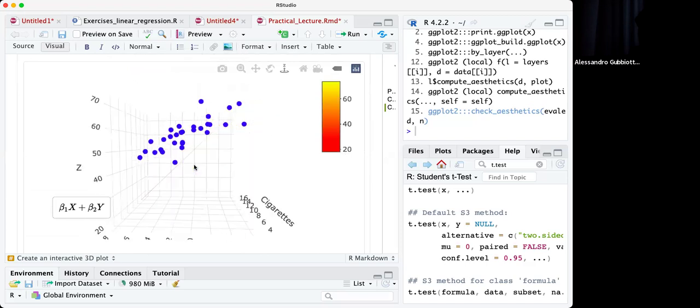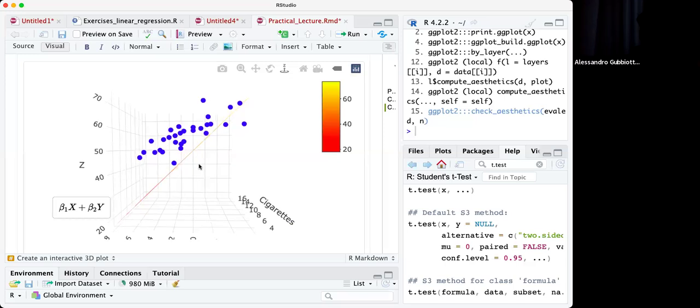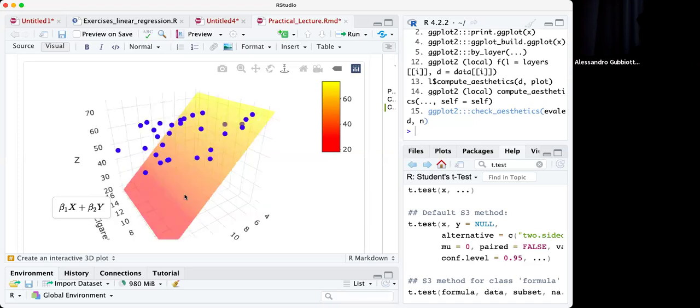Visualizing it is like a line, but if you go like this, like a linear regression, you take these variables.